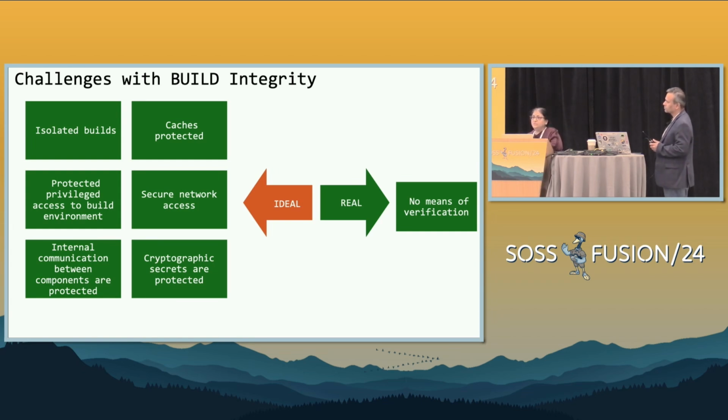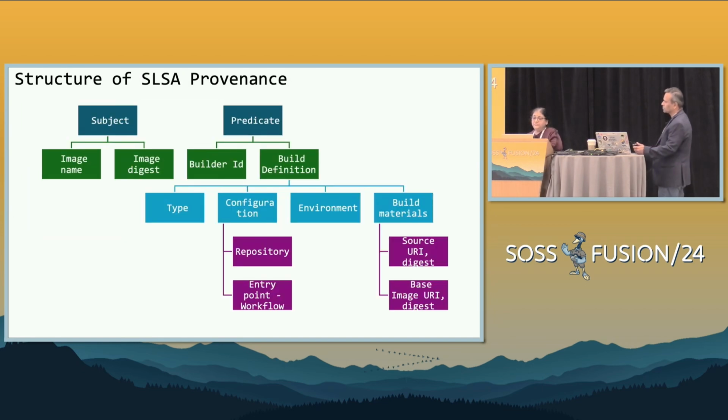So there is no way the end user, while downloading an open source package, can verify that the build platform was hardened and it was secure. All that the end user has is the provenance. Provenance is nothing but a claim made by the builder regarding the software's origin, build process, the kind of input that went into building the software.